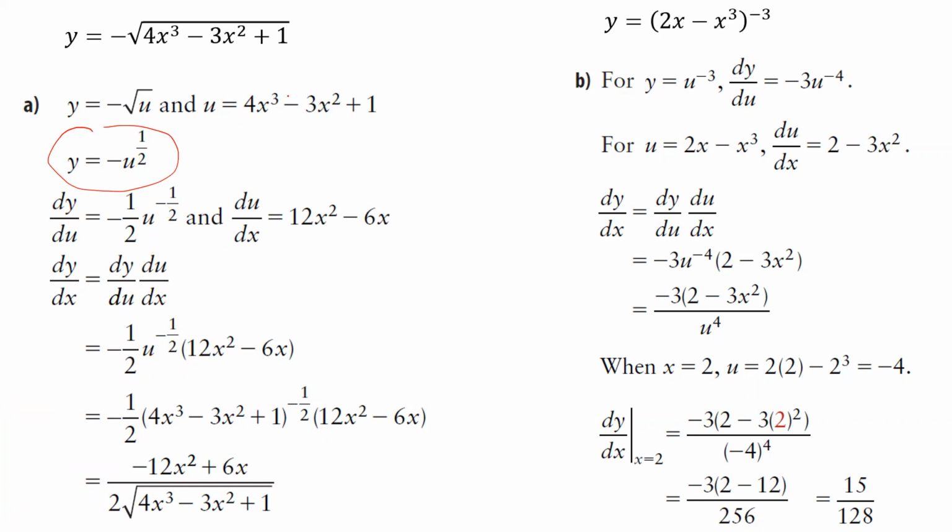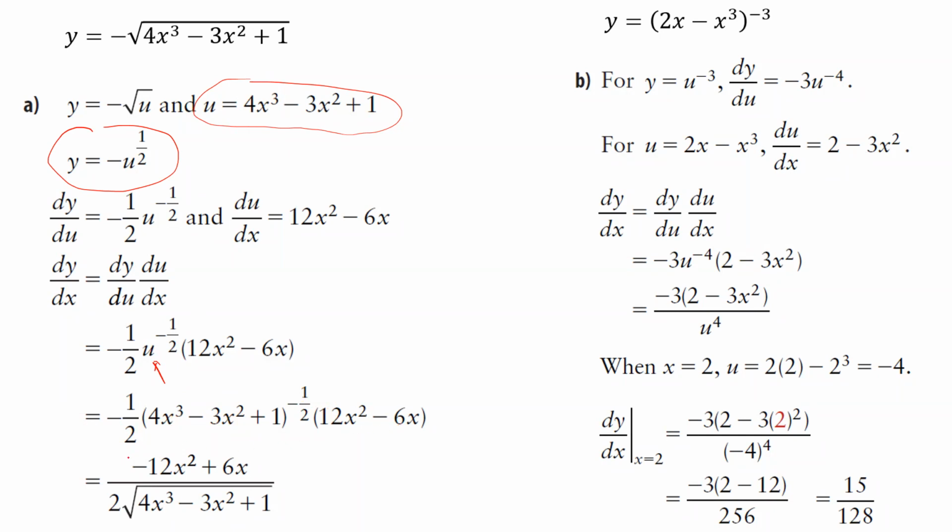Then du by dx, the derivative of this function with respect to x, is 12x squared minus 6x, right? Then you can replace u as the expression in terms of x. So that is -1/2 times 4x cubed minus 3x squared plus 1 to the power of -1/2, then times 12x squared minus 6x.